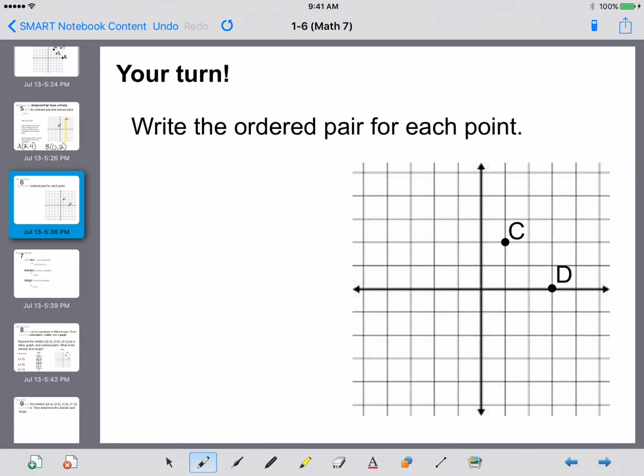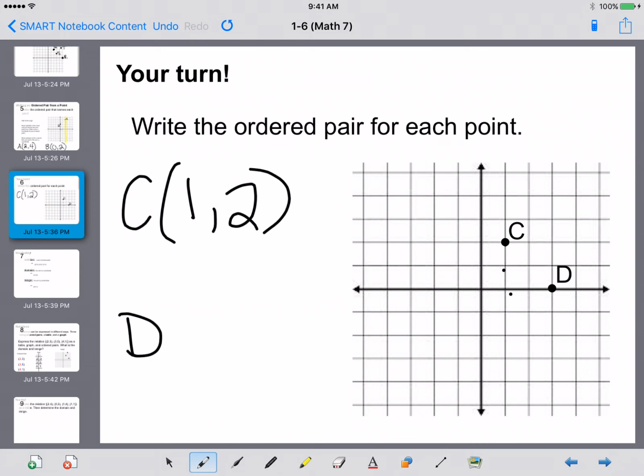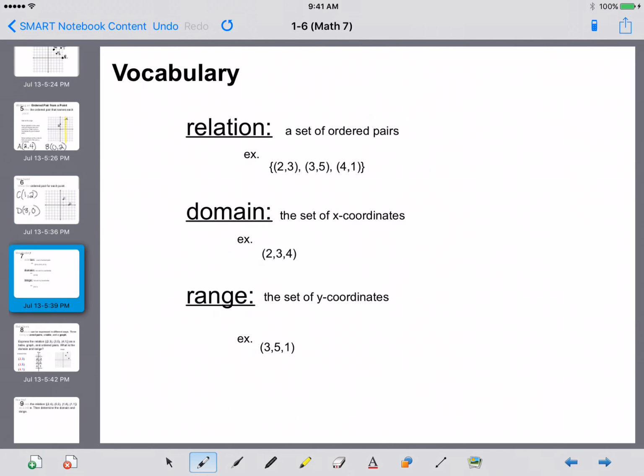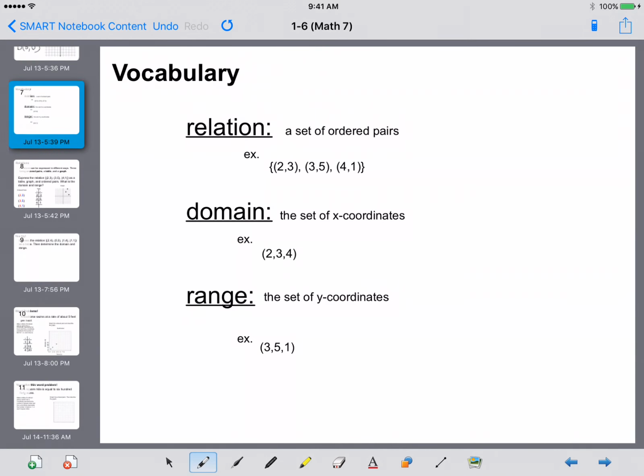Now you go ahead and try and see what you come up with and see if it matches what I have. C is over 1, up 2. D is over 1, 2, 3, up 0. So 3, 0.